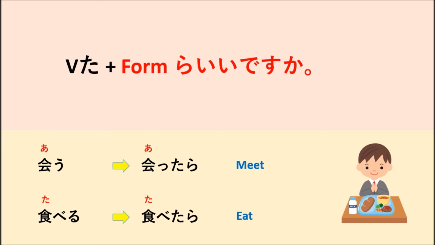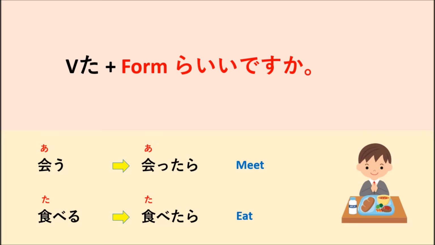And next we have the verb taberu. Taberu means eat, and taberu is in the dictionary form. When we change it to the past tense, it should be tabeta, which means you ate.